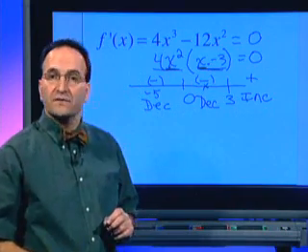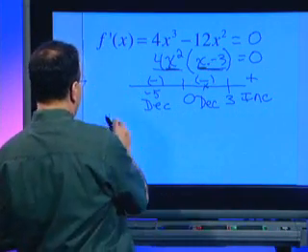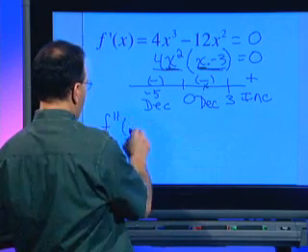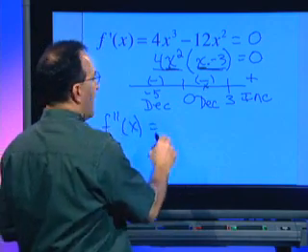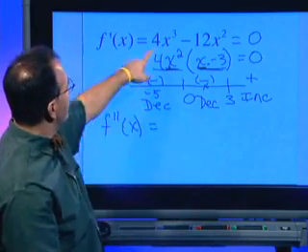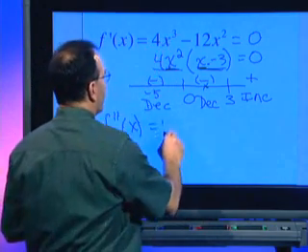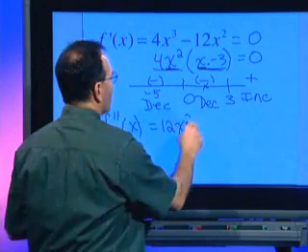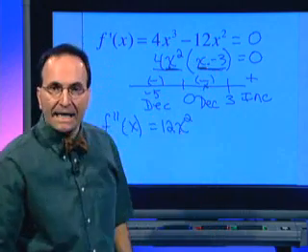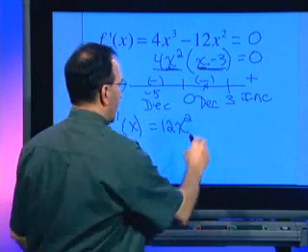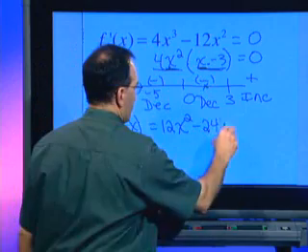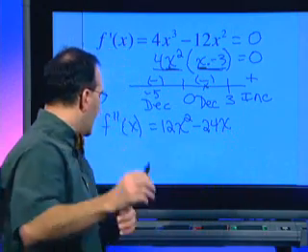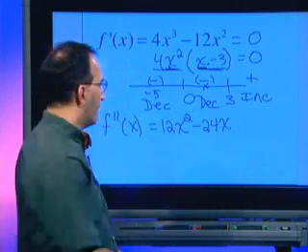Now let's find the second derivative. F double prime of x is going to be 3 times 4, for 12x squared, and then minus 24x. Once again, we want to set that equal to 0.